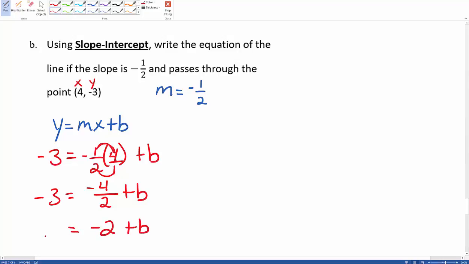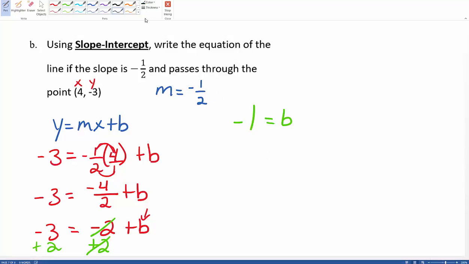And we still have our plus b. Over here we still have negative 3. And then again, our end game here is to solve for b. So what we would have to do is add that plus 2 to both sides. And so when we do that, b is all by itself on the right side, equals negative 3 plus 2, which comes out to be negative 1.